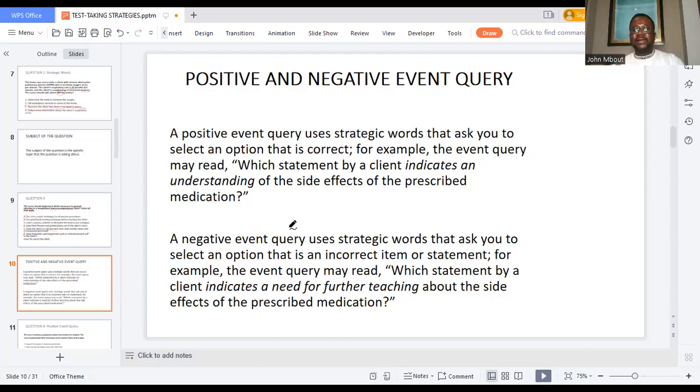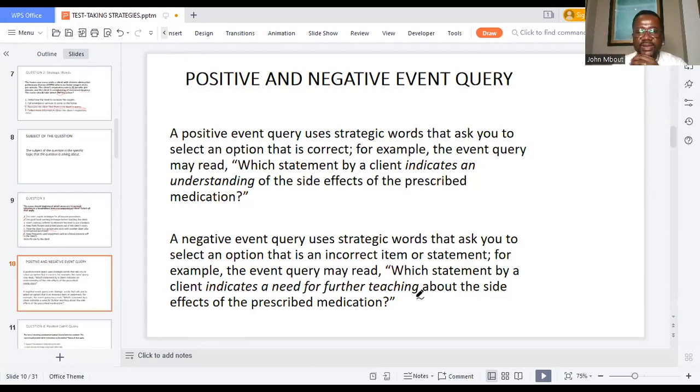Negative event query is just the opposite. Which statement by the client indicates a need for further teaching or a need for follow-up, or shows that the client did not understand your teaching? Negative. So you are selecting the negative options.